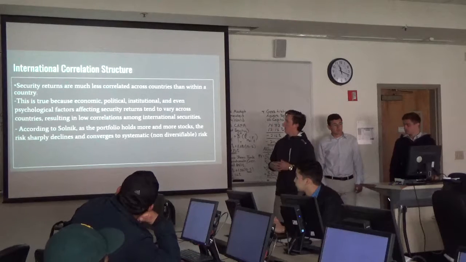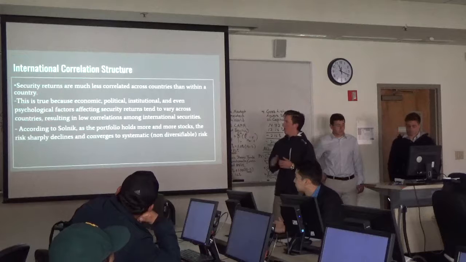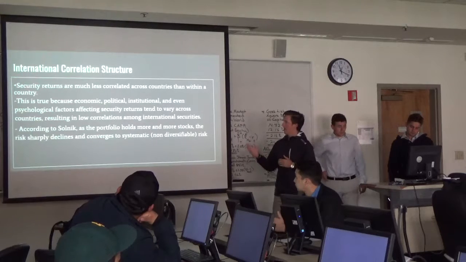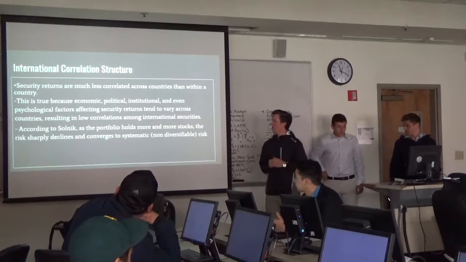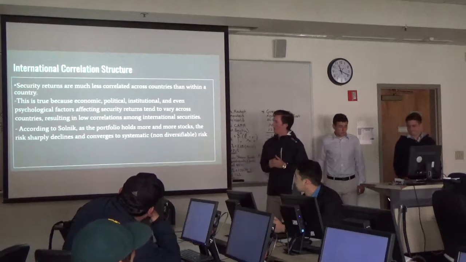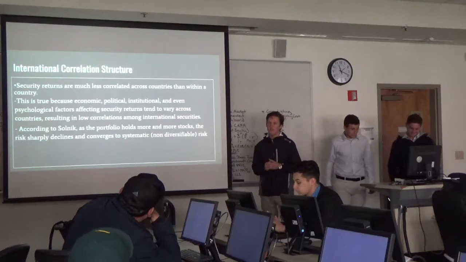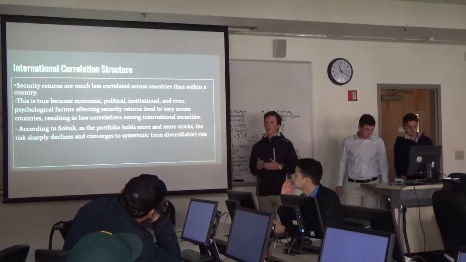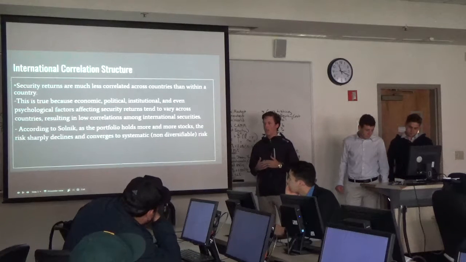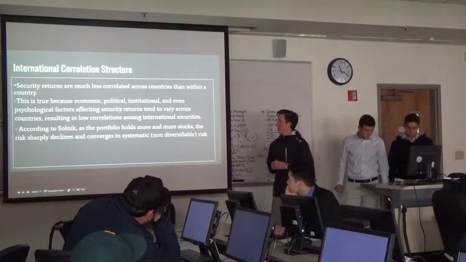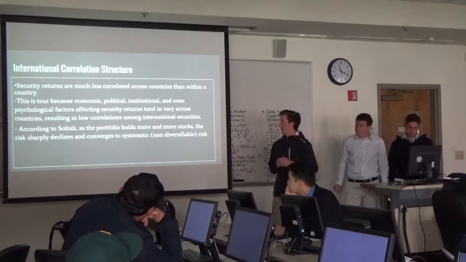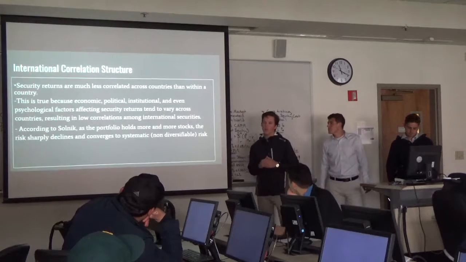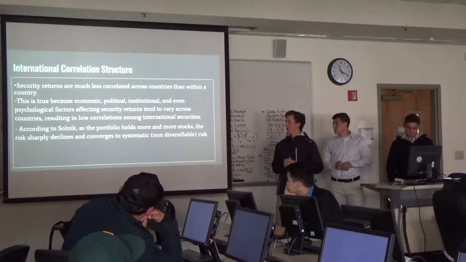This is true because there are different factors in each country: economic, political, institutional, and psychological factors that affect the superior returns in each of the countries. So if you look at the countries that have low correlations amongst each other, you can help hedge off some risk in your portfolio.